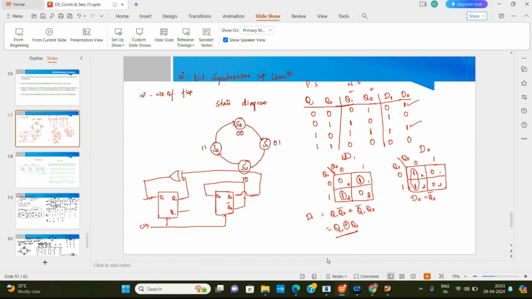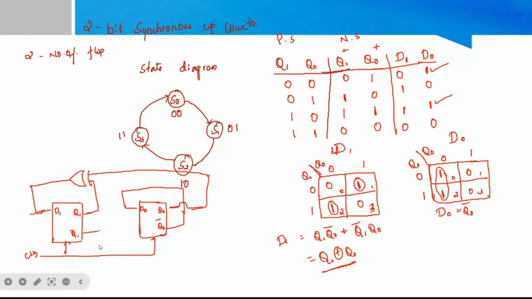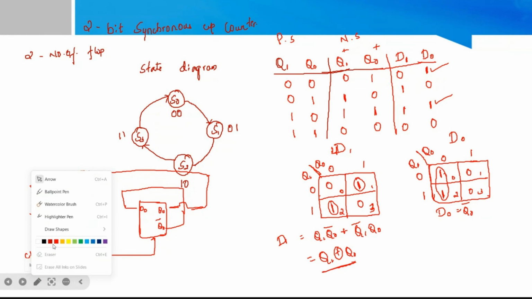What will be the present state for the down counter? 0 0. Okay, only those two guys have posted, right? What about others?